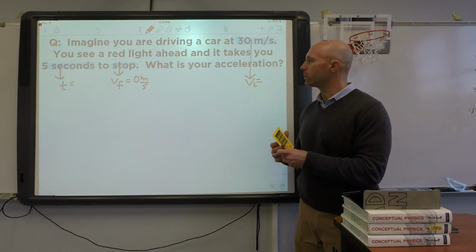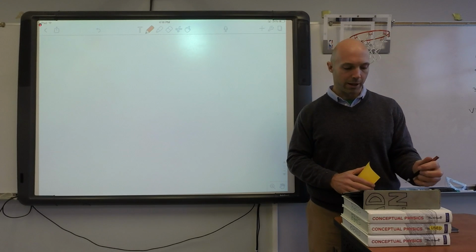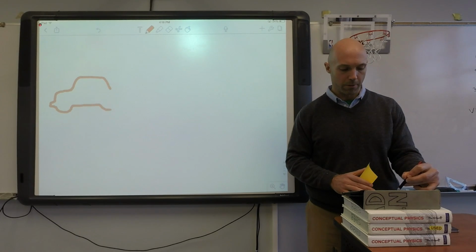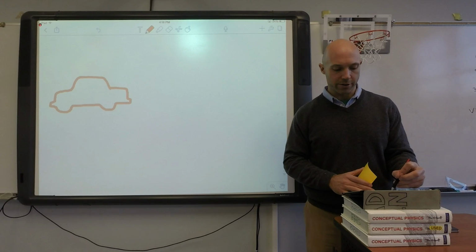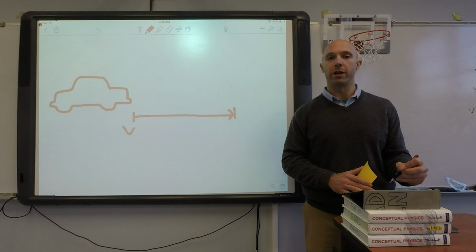At this point, we'll take a shot at drawing the problem out. Zoom in a little bit. Take a look at a fancy new car. This car is starting out at 30 meters per second.